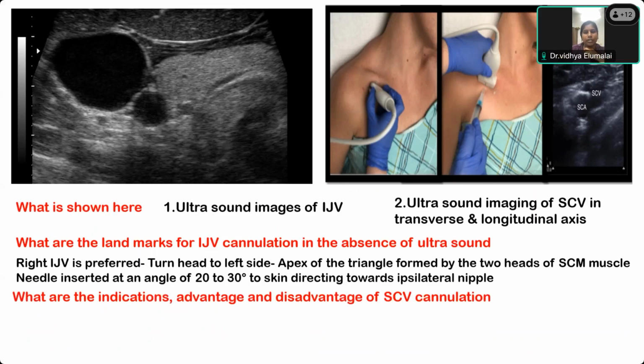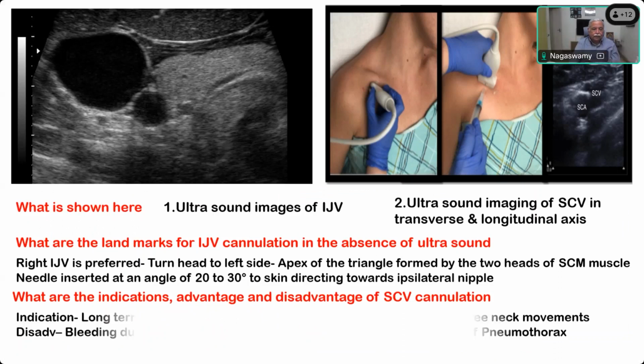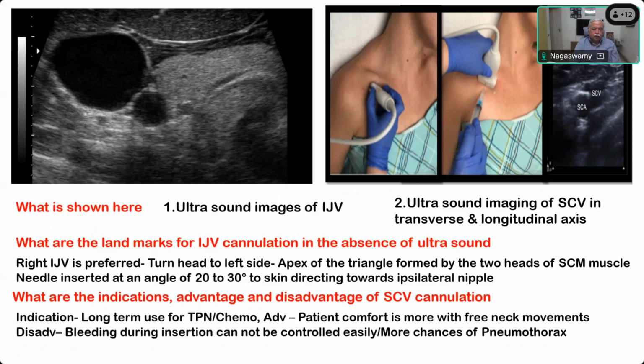For nutrition, it is a long-term use for TPN or chemo. Even if you write one, it is more than enough. This is a more common indication. For long-term use, you prefer subclavian rather than jugular.